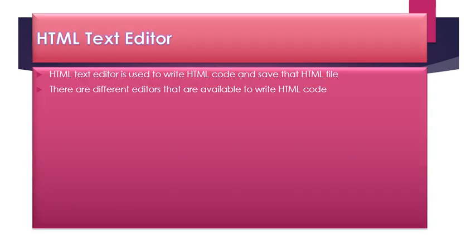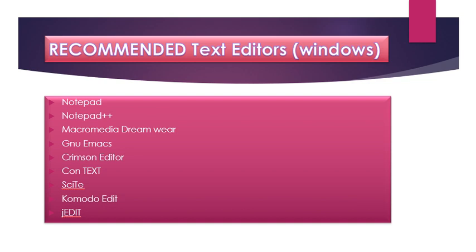So let's continue. HTML editors. We have so many editors, but I'm going to show you a few editors that we use in HTML. Now, an HTML text editor is used to write HTML code and save that HTML file. There are different editors available to write HTML code, and these are some of them.